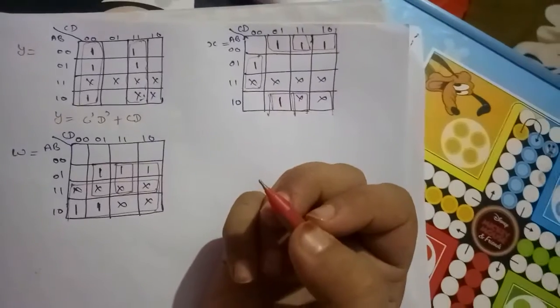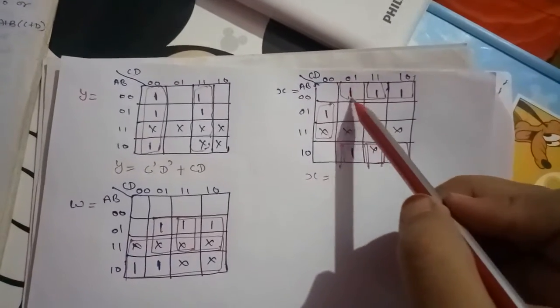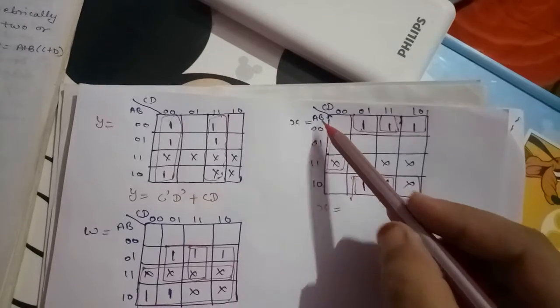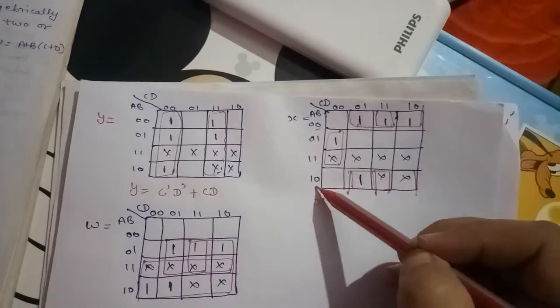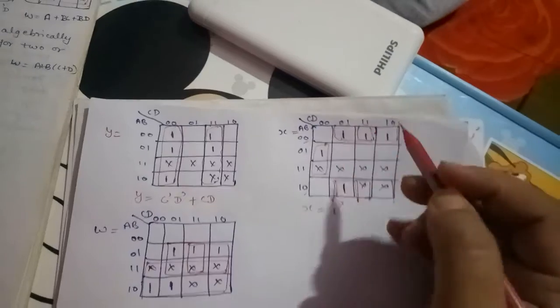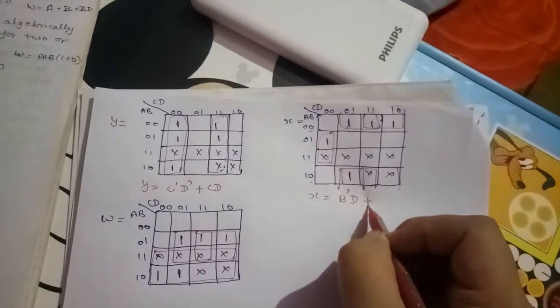Let's code for x. For the first group of 4, the common value from 00 and 01 is 0, so we write B bar, and from this part the common values 11 give D. So B bar D is the code for the first group.